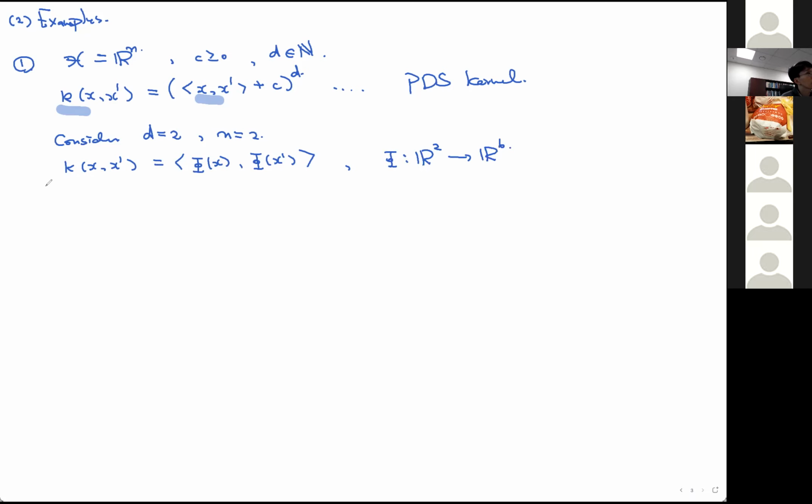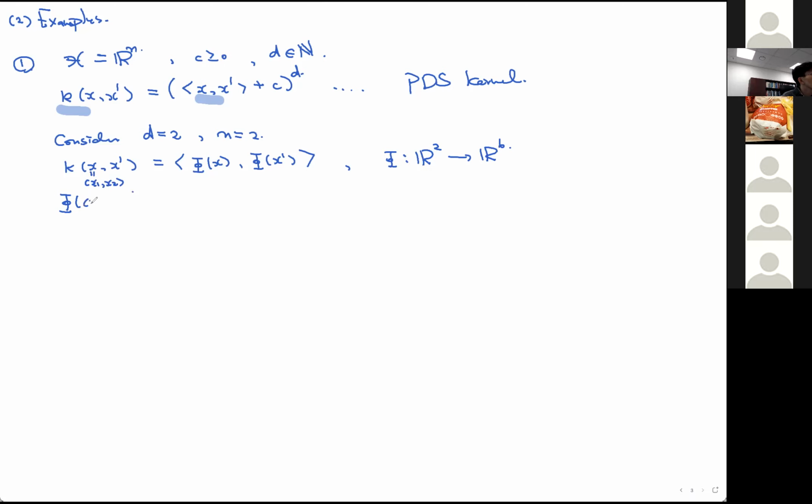How is V defined? Each x has two coordinates, x1 and x2.